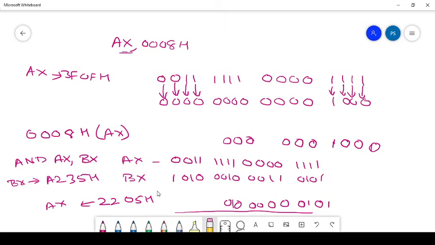The contents are the same, so we will go for logical OR, bit by bit ORing. So 1 ORed with 0, 1 1 1 1.